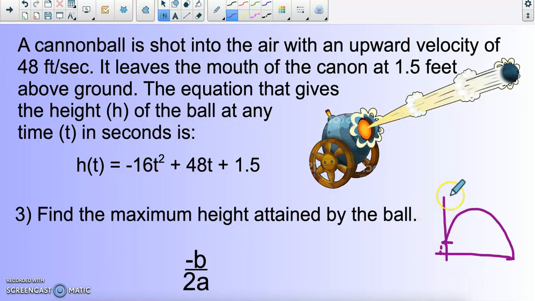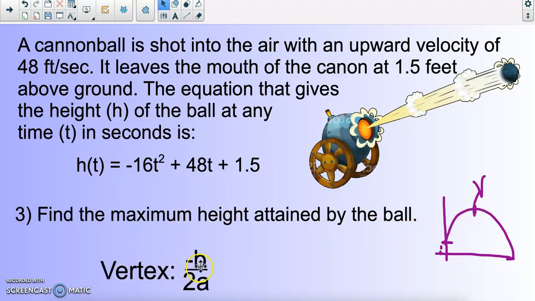But what we're looking for is the maximum height of the ball, and that maximum height is going to occur right there at the vertex. I'm just going to put a V because I can't write on this mouse. To find the maximum height, I first want to find the coordinates of this vertex. We can find the x value using negative b over 2a.